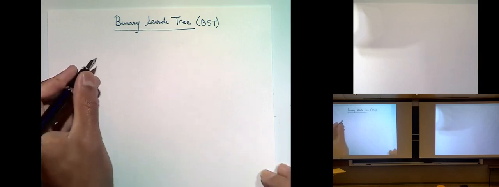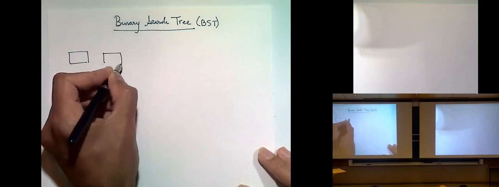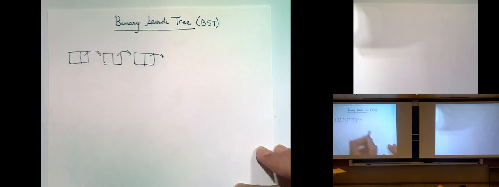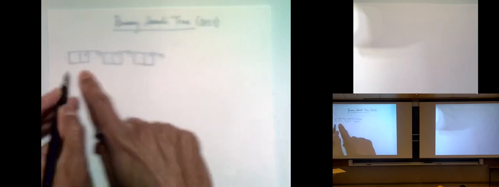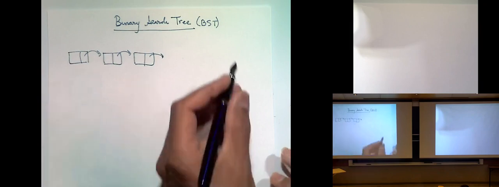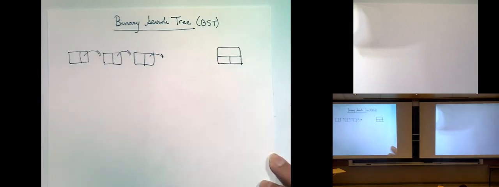So binary search trees, maybe pictorially, the way to think about it is we've seen linked lists. The idea of a linked list is that each node has one successive node, one successor node. In a binary search tree, your nodes have two children.